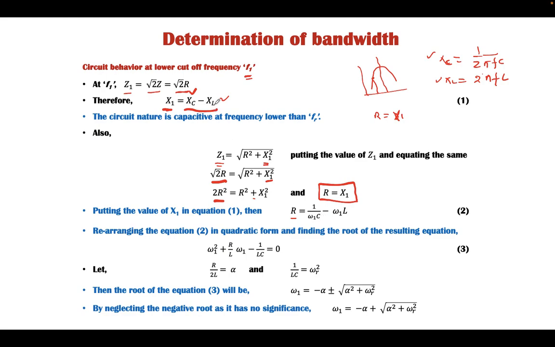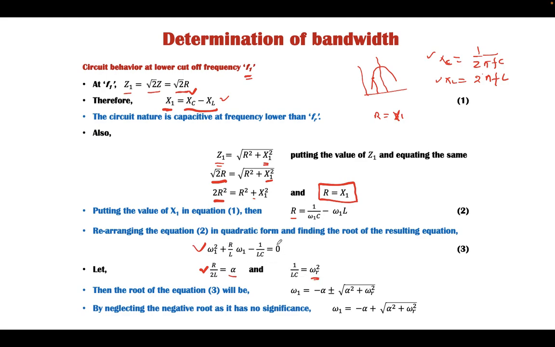Then XL will be omega 1 L. Rearranging this equation, it becomes a quadratic equation. In this quadratic equation, let R by 2L be equal to alpha, and 1 by LC be equal to omega R square.